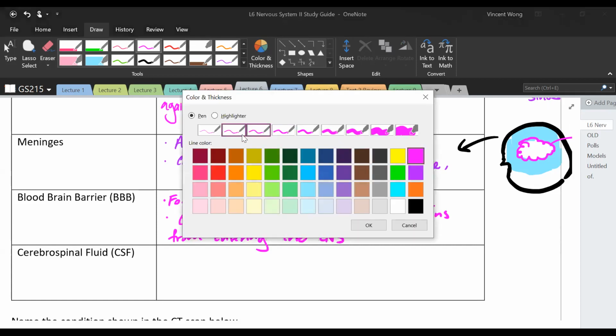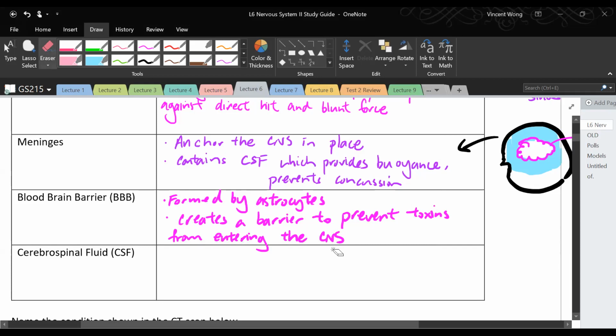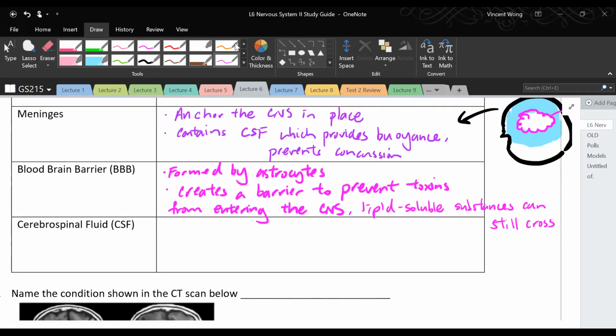It is not a perfect barrier, because some substances will be able to cross, especially lipid soluble substances, things that can dissolve in lipids. So some drugs, if they are lipid soluble, could still cross the BBB and affect your neurological function.